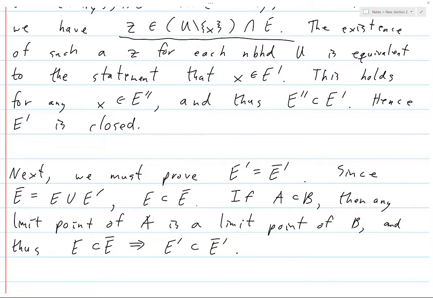Which means that the point you've chosen is actually a limit point of B, and this holds for every limit point of A, and hence all limit points of A are limit points of B. You can write that out if you want. I think it's clear enough that it's not necessary to write out, but different people and different professors have different preferences on how much detail you go into. But anyways, we have this.